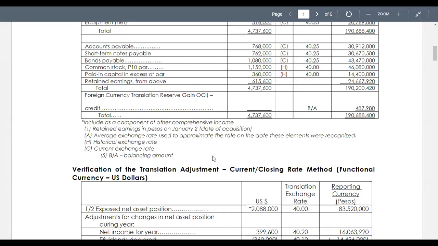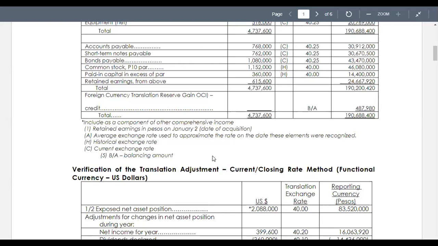So we now have the current rate method. Prepaid insurance, since it's an asset, is current rate, not temporal. Under the current rate method, all assets will be recorded using the spot rate or current rate. So prepaid insurance, current; land, current; bonds payable, current, since it's a liability; goodwill, an asset, current; allowance for doubtful accounts, current; deferred income taxes, current.